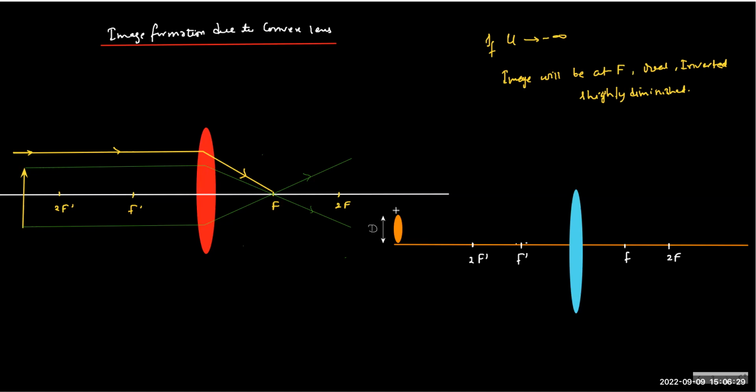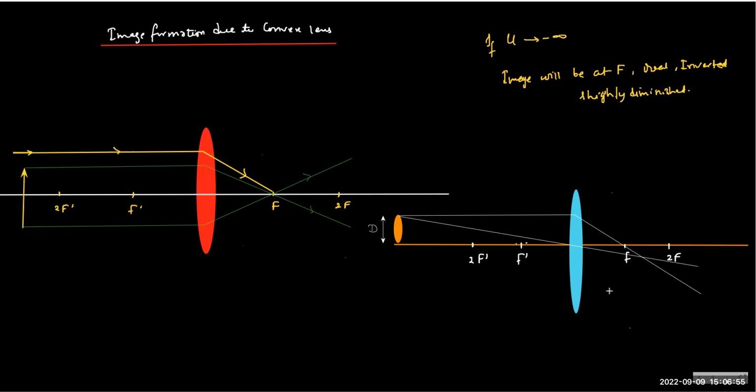It's very simple. You draw a line parallel to the principal axis, and it will definitely pass through the focus. And the light ray which passes through the center will go undeviated.